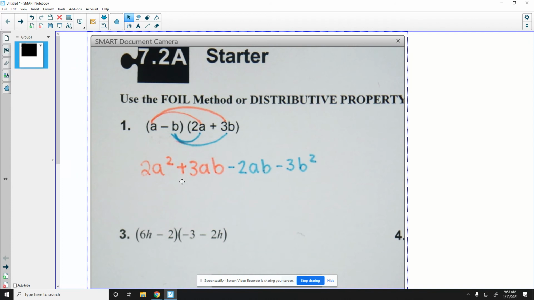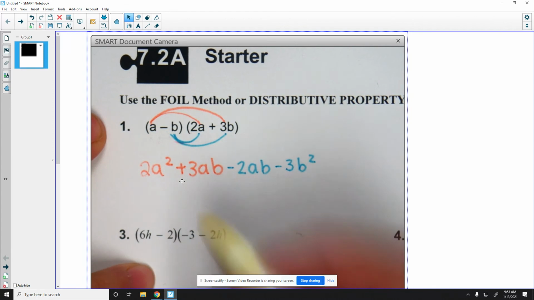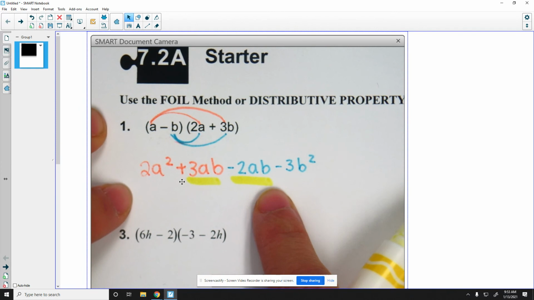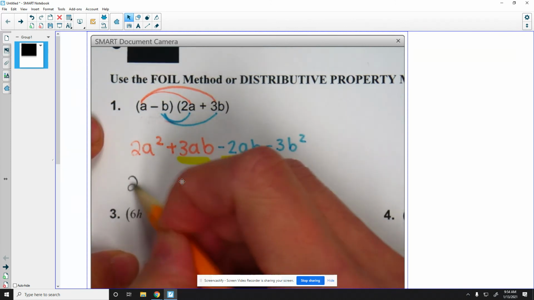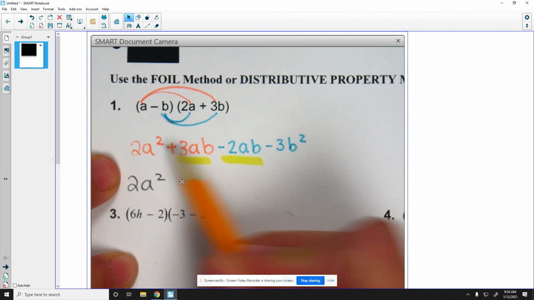Okay, so now when I multiply like that, I'm going to combine things that have the same endings. Normally it's the middle two that have the same endings, but depending on what order you multiply in, you should normally have two things that have the same endings. So let's rewrite my answer. I have 2A squared. This is in standard form, right? The squareds go first.